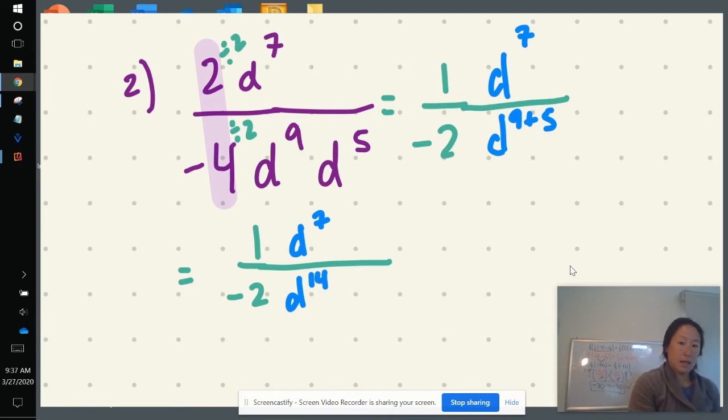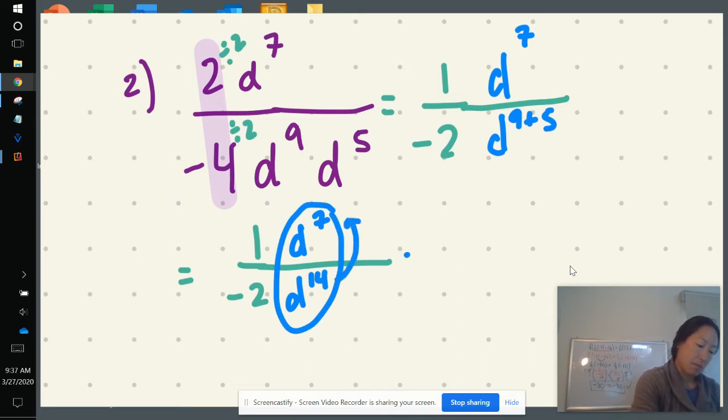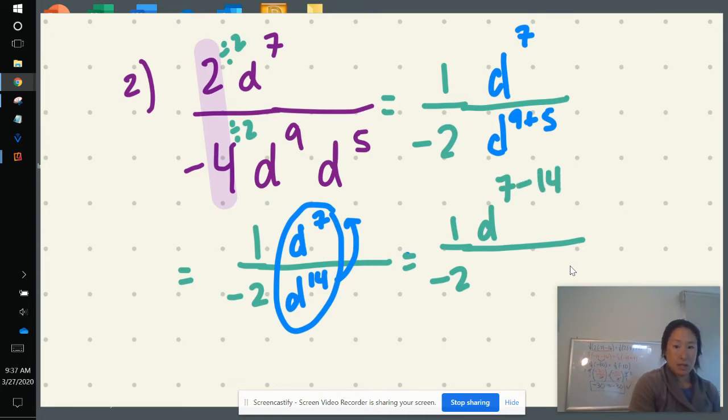And then again, I'm going to go ahead and employ the quotient property. So I'm going to move those to the top, and I get 1 over negative 2, d to the 7, and I have to subtract out the 14, okay?